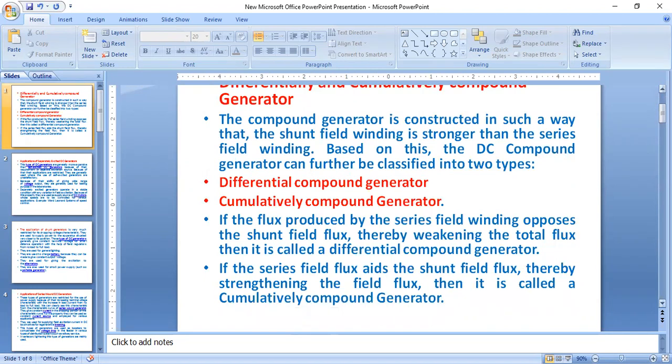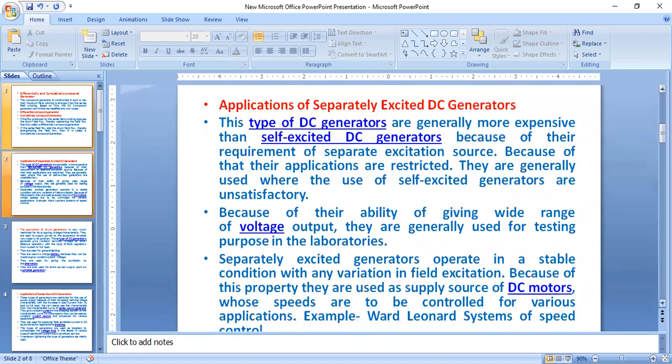If the flux produced by the series field winding opposes the shunt field flux, thereby weakening the total flux, then it is called a differential compound generator. If the series field flux aids the shunt field flux, thereby strengthening the field flux, then it is called a cumulatively compound generator.